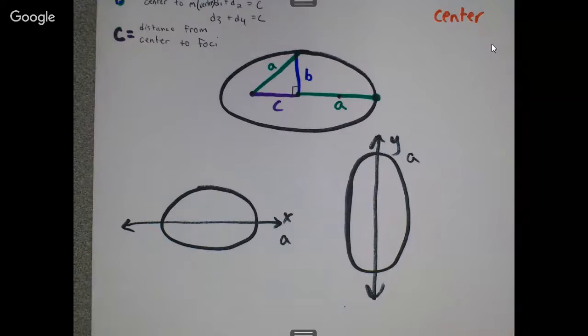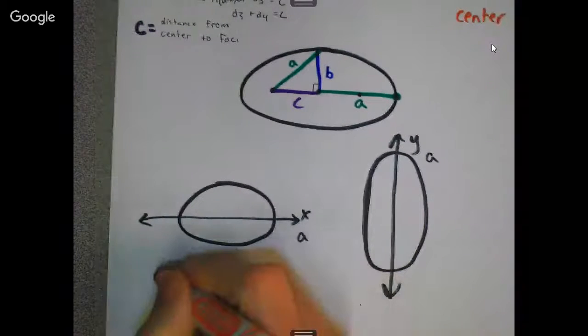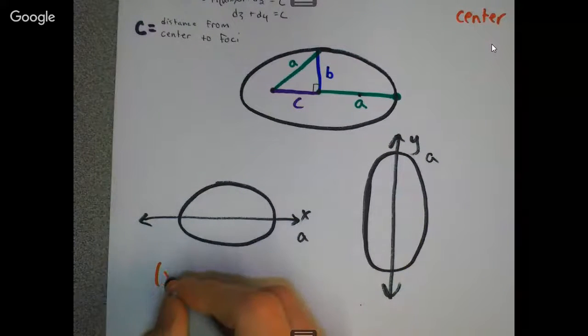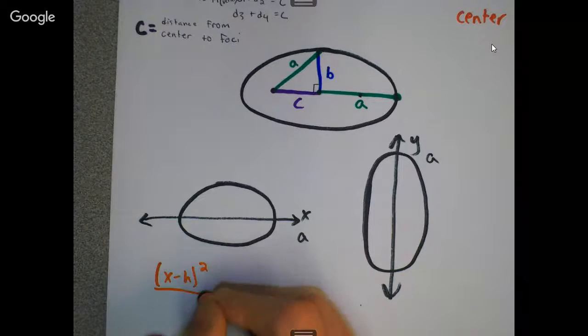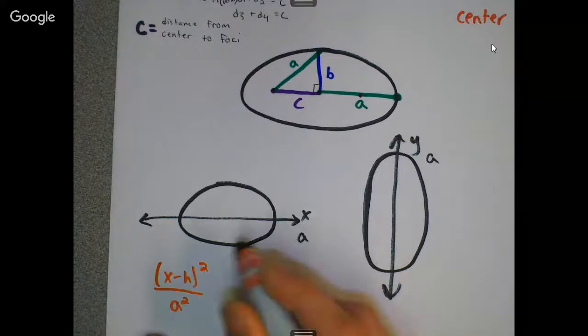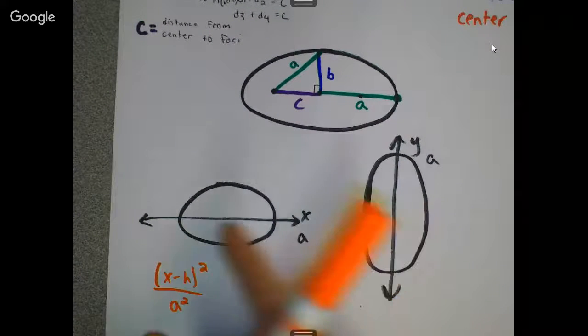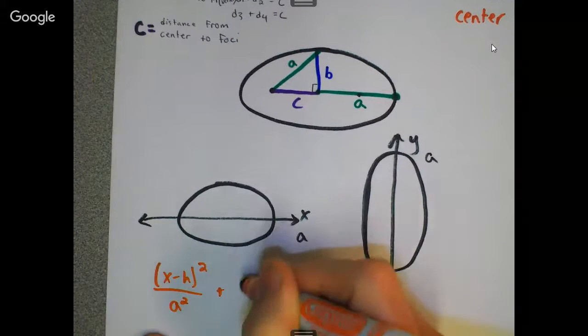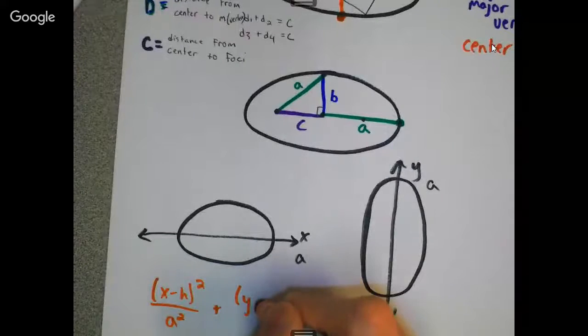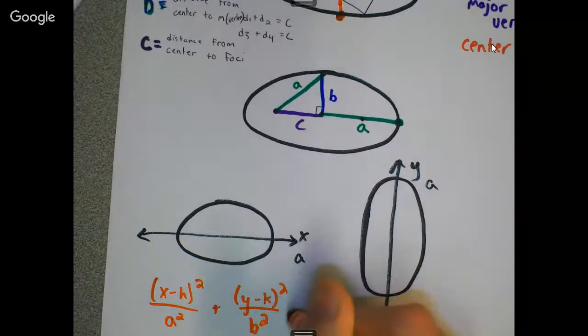Okay, so you still have h and k. In this case, we'll have x minus h squared over a squared. And since the x and a go the same direction, or the a needs to go on the x, plus, since it's the sum of the two, since up here we talked about the sum of the two distances, y minus k squared over b squared equals 1.